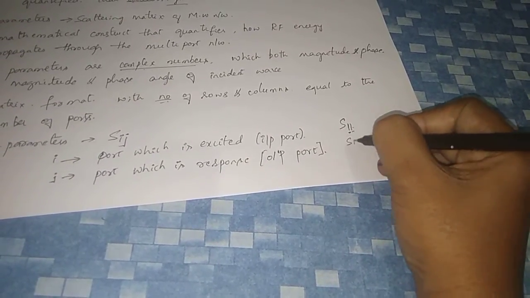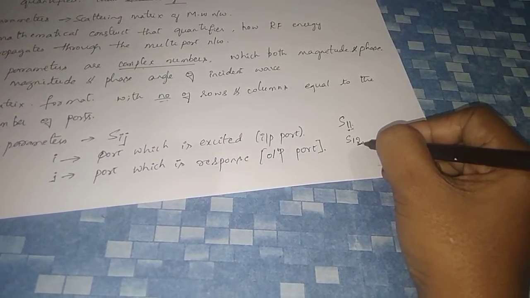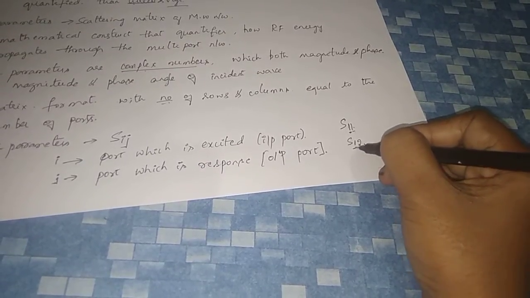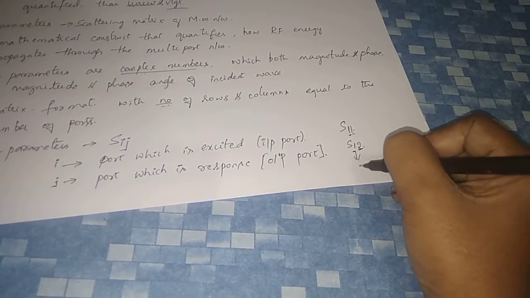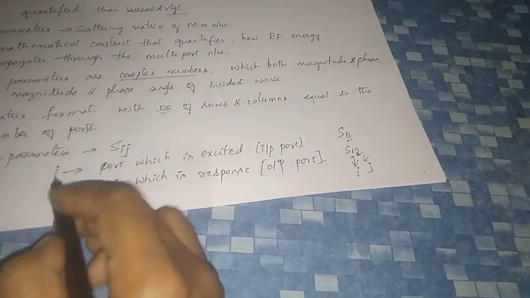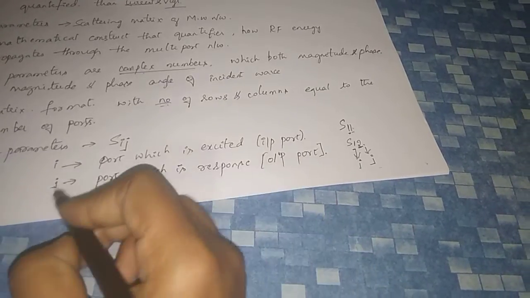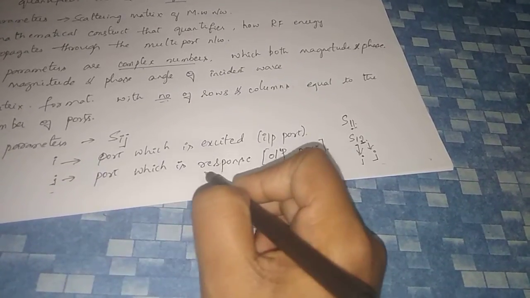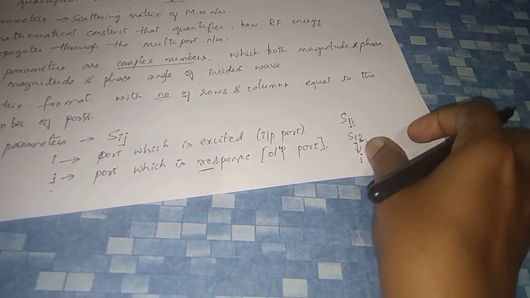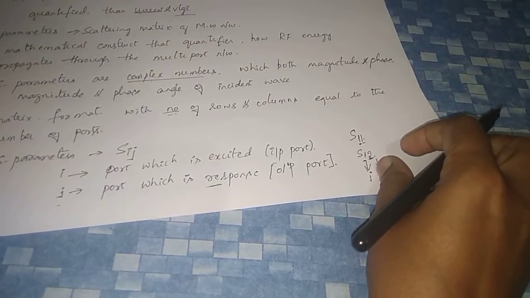If you have ports 1 and 2, you are getting the reflected wave for the input which is given at port 1. The subscript i represents the excited port and j is the response. So always i represents the input and j represents the output.